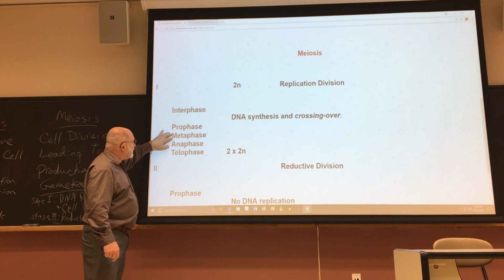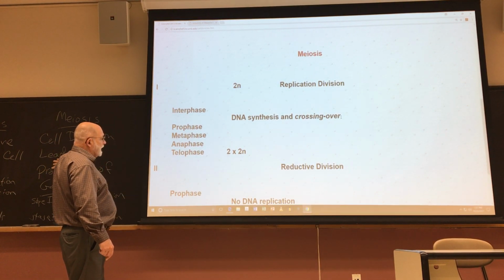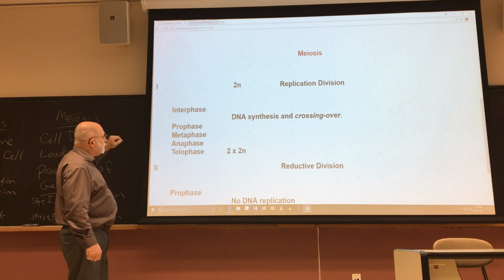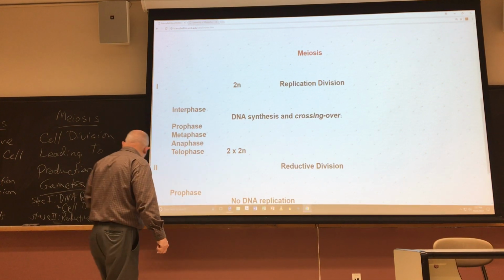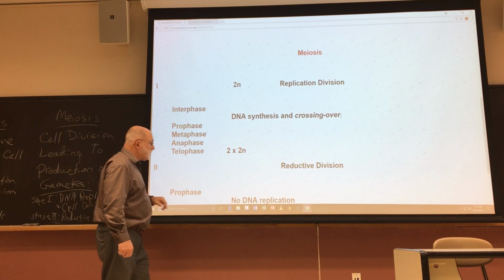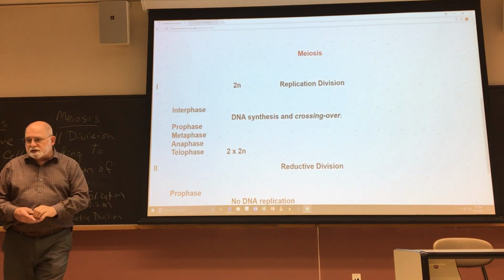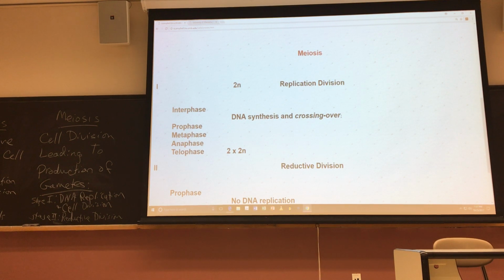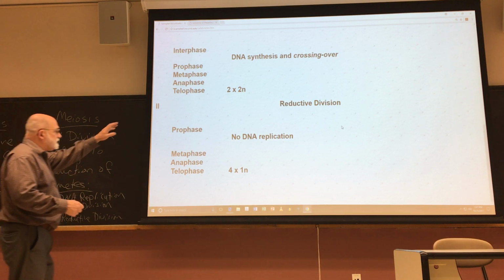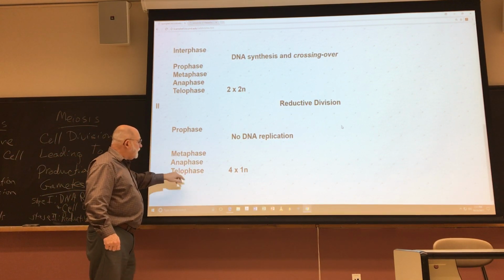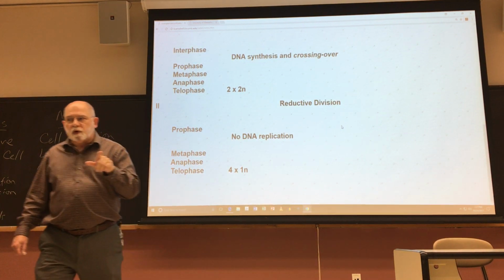Normally you get prophase, metaphase, anaphase, telophase. So essentially replicate looks a lot like mitosis. You end up with two cells that are 2N at the end, just like you would in mitosis. But rather than stopping here, they immediately enter the second stage of reductive division. And rather than 2N cells as a product, you end up with 4 1N cells as product.